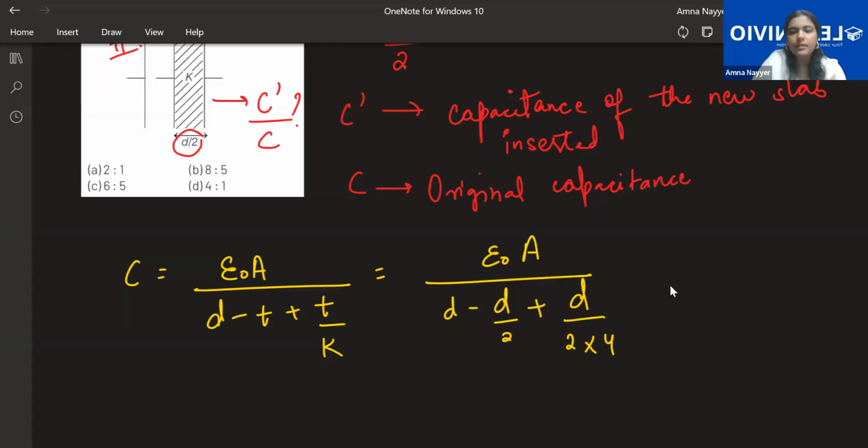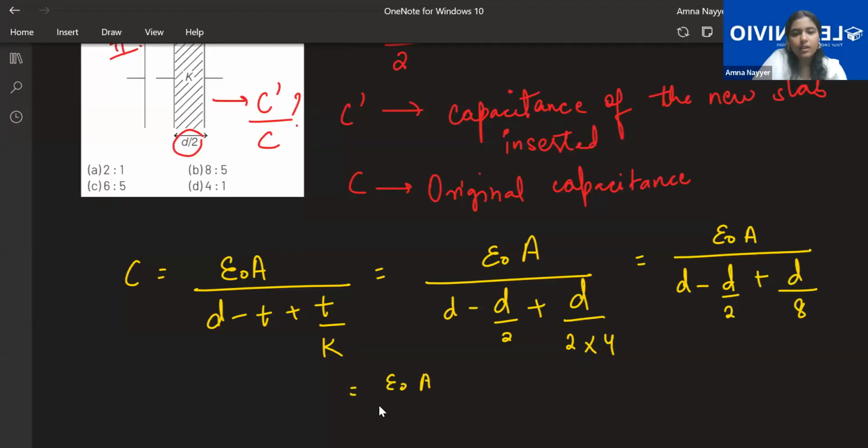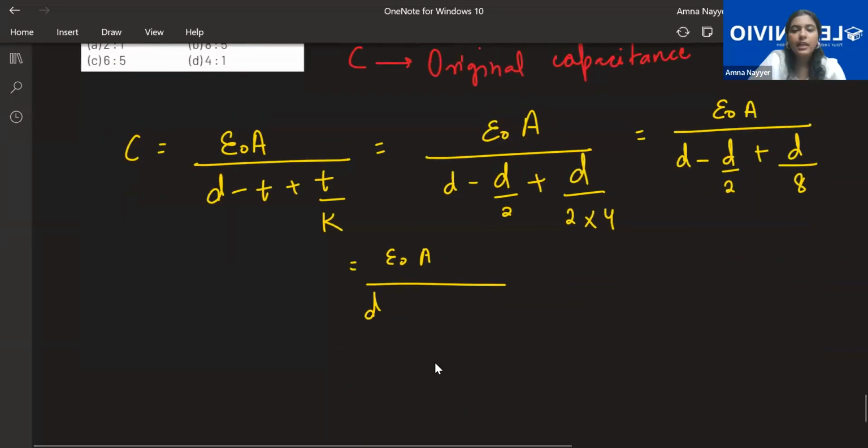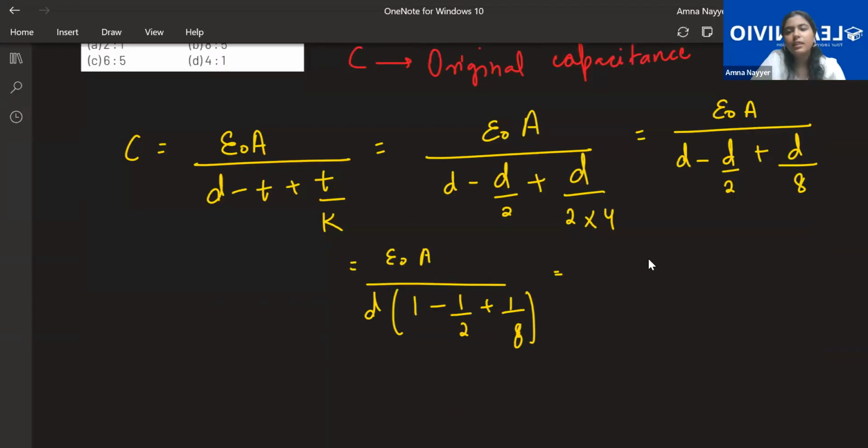So this will be epsilon naught A by D minus D by 2 plus D by 8. Let's take D out common: epsilon naught A by D, left with 1 minus 1 by 2 plus 1 by 8.